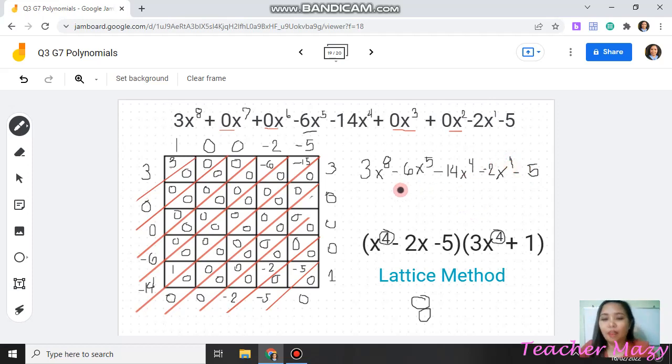That is the final answer. So, x raised to 4 minus 2x minus 5 multiplied by 3x raised to 4 plus 1 is equal to 3x raised to 8 minus 6x raised to 5 minus 14x raised to 4 minus 2x raised to 1 minus 5. So, since this is done, we can move on.